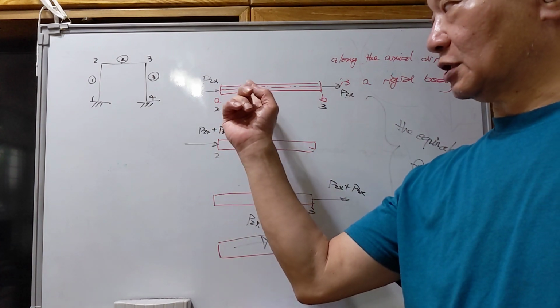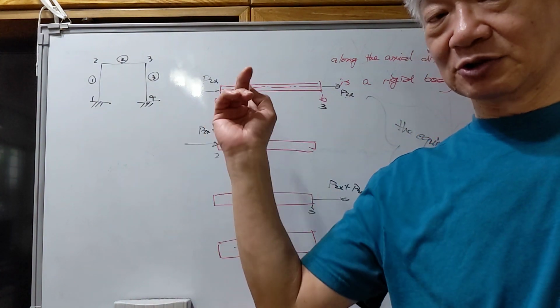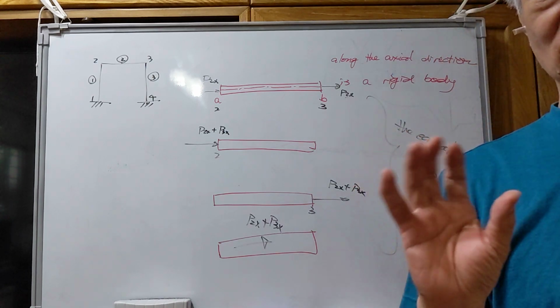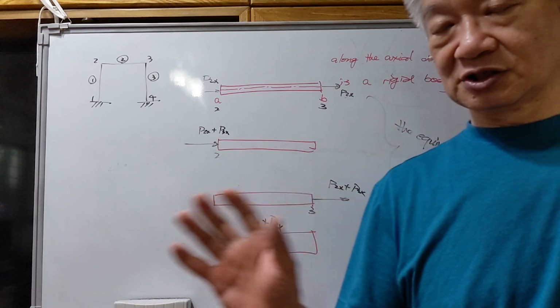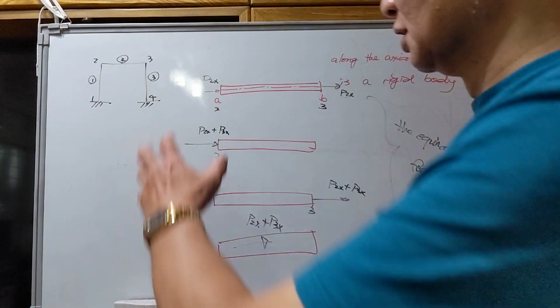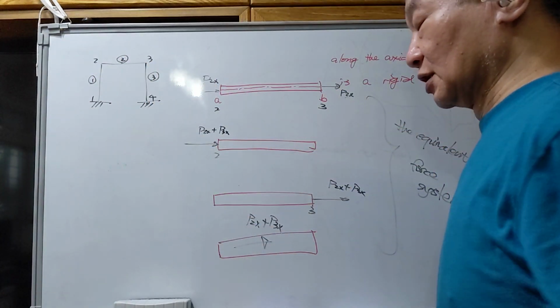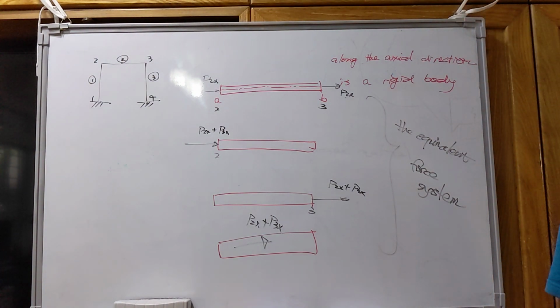However, if you check the internal force, especially for element 2, the internal force will be different. But the equivalent force system will not change the total kinematic response of the structures.